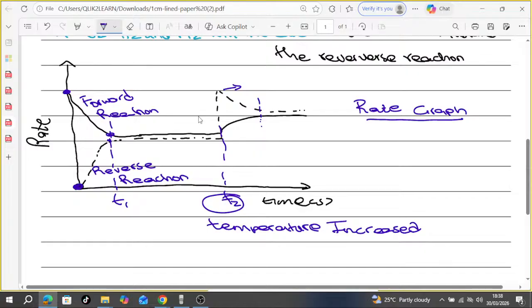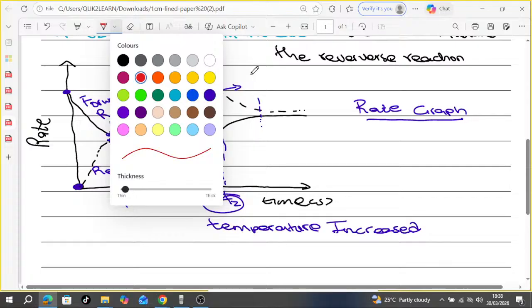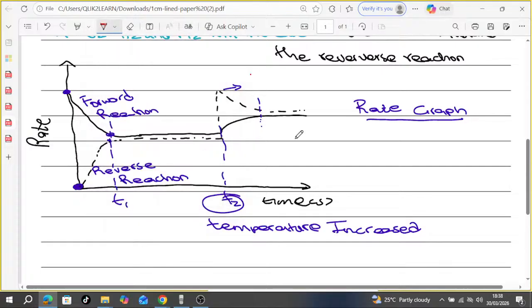So if this is our reverse reaction and this is our forward reaction, isn't it because the rate increases? Yes.